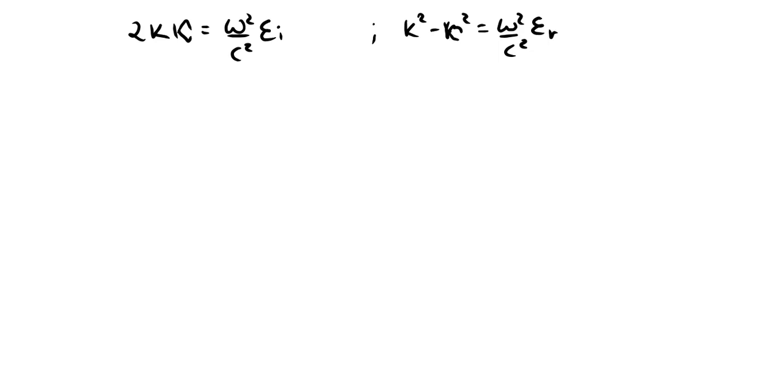But there is one thing that we already know here. I'm assuming that I have a medium like a solid, for example. There is a definition of the index of refraction of the medium.